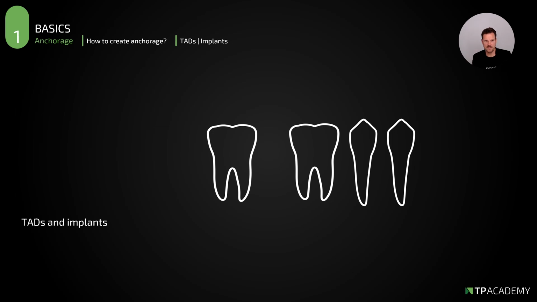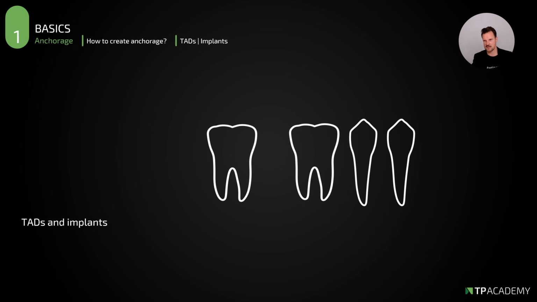Now we go to the next step and we talk about TADs and implants. Why? Because I already explained to you that the biggest problem in digital treatment planning is we need to make it predictable, but we do not want to frustrate the patient. And sometimes we need to find a good balance to do it.